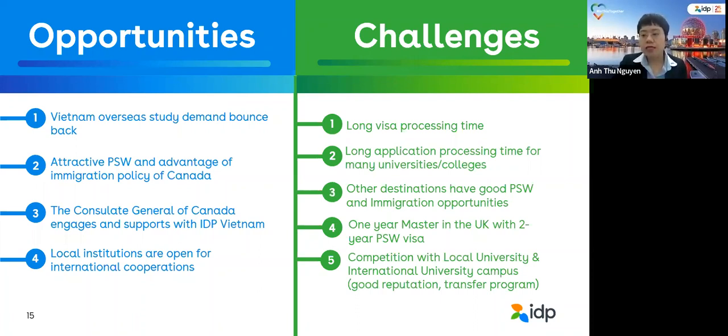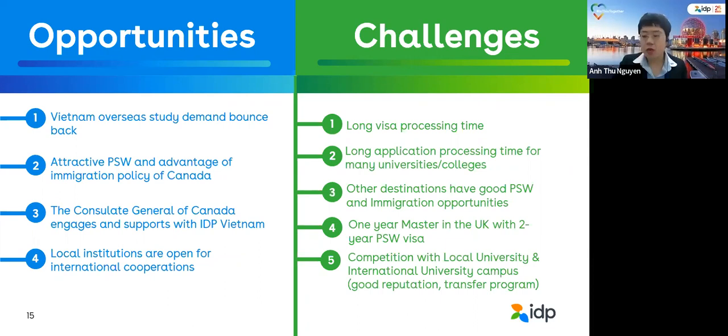However, we still have a lot of challenges, with long visa processing time, and this is the biggest challenge for us to recruit students to Canada. The second one is the long application processing time of many universities and colleges.